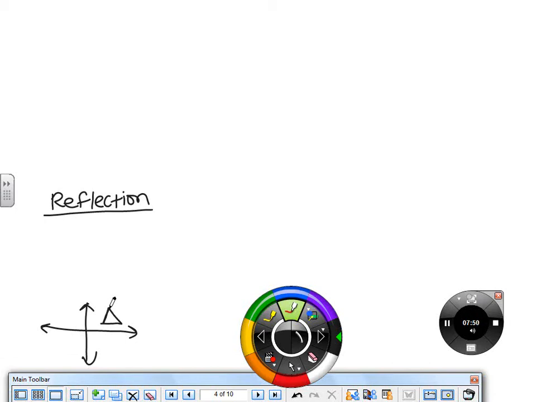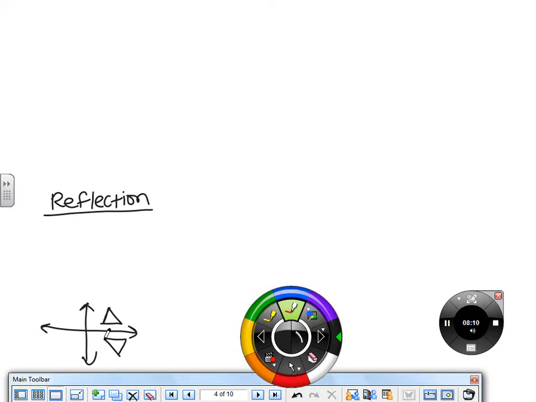But if I had this triangle, one reflection of it could be down here, okay? Would you say that that's a horizontal change or a vertical change for that triangle? It's a vertical change, but what did I reflect over if you had to name the piece of the graph that I reflected over? The x-axis.